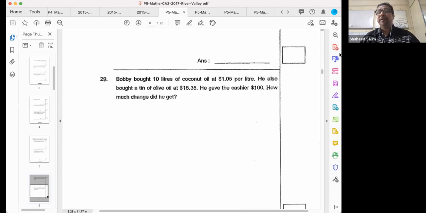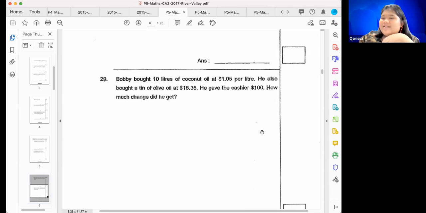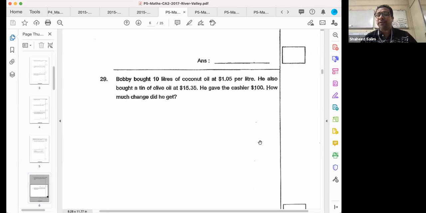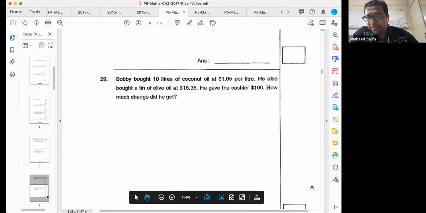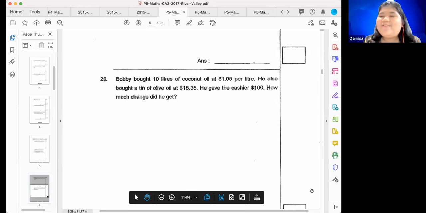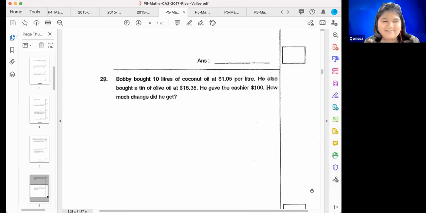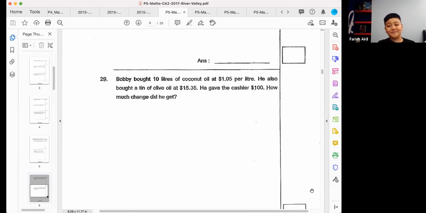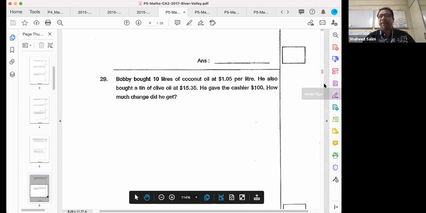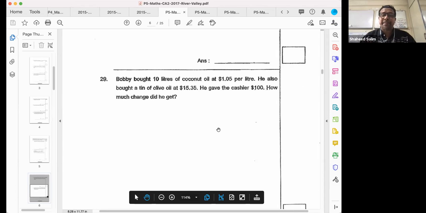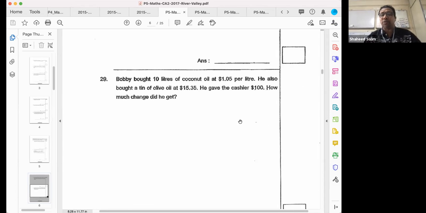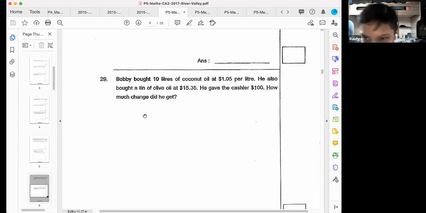Type in your answer. 153. Okay, 153 is correct. Actually, you're supposed to give the answer in the chat. Otherwise, it becomes chaos. Okay, here we go now. We're going to run through this one.